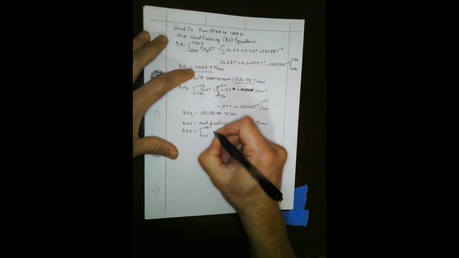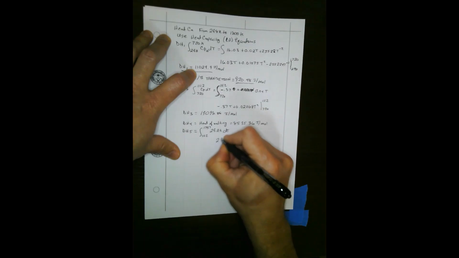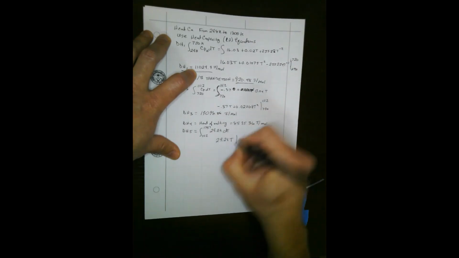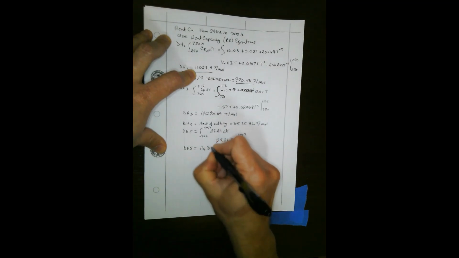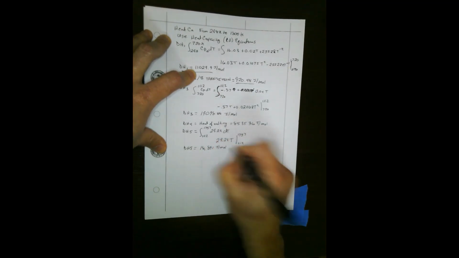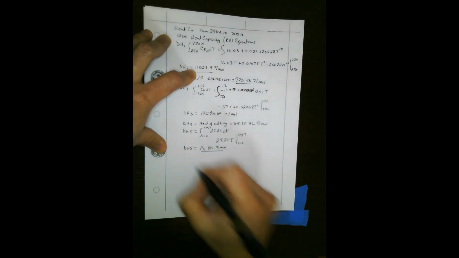It's a nice short equation, the integral of 29.29 dT. So delta H5 happens to equal, if I've calculated right, 18891 joules per mole.